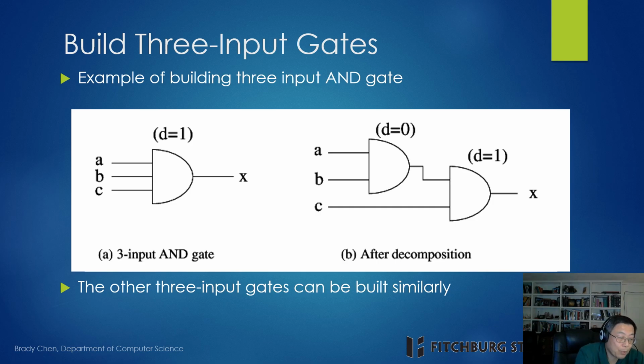If we want to build a 3-input AND gate, then we can use two 2-input AND gates. We can connect the AND gates that way. You have 2 inputs A and B, and there's an output, and the output of the first AND gate can serve as input for the second AND gate. This is how we build the 3-input gates. It's very similar to build the 3-input OR gate.